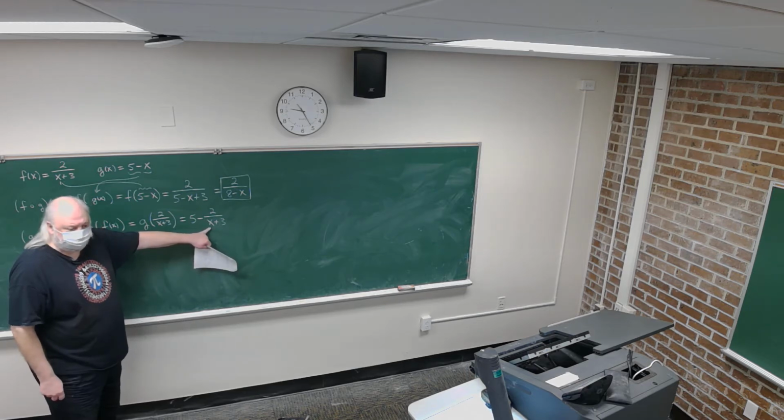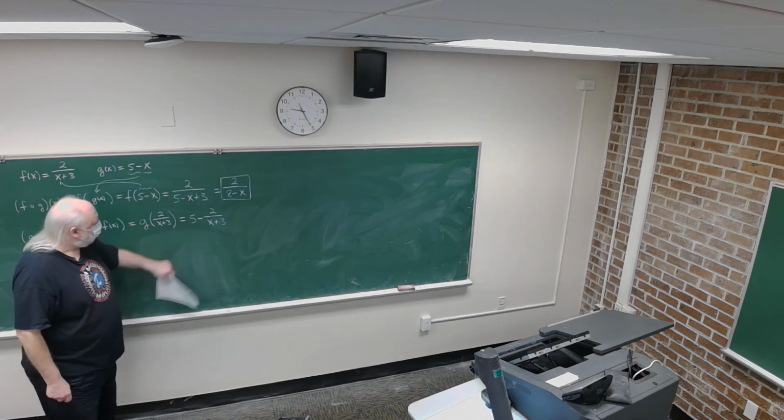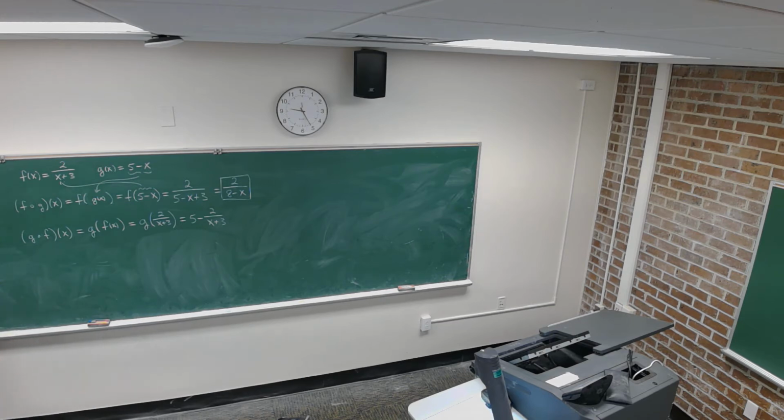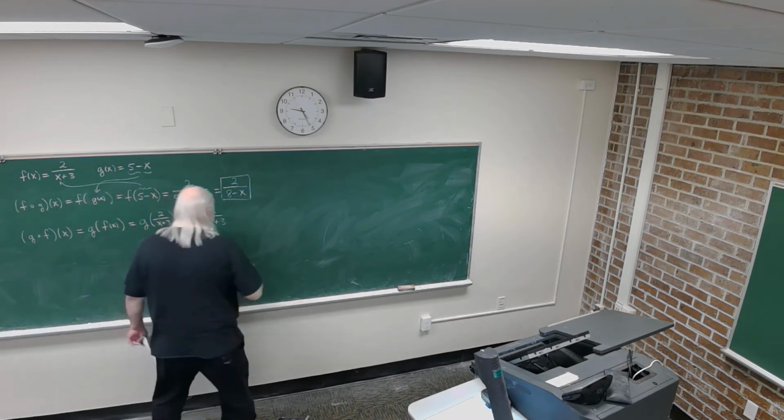So we're going to multiply 5, top and bottom, by x plus 3. 5 is equal to 5 over 1, and then we multiply top and bottom of that by x plus 3.